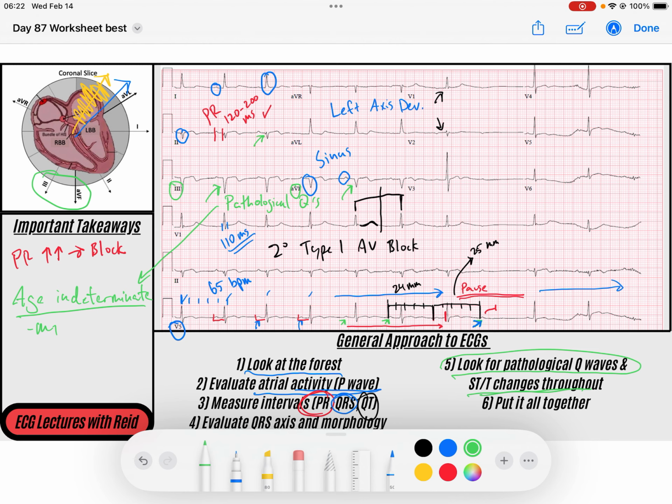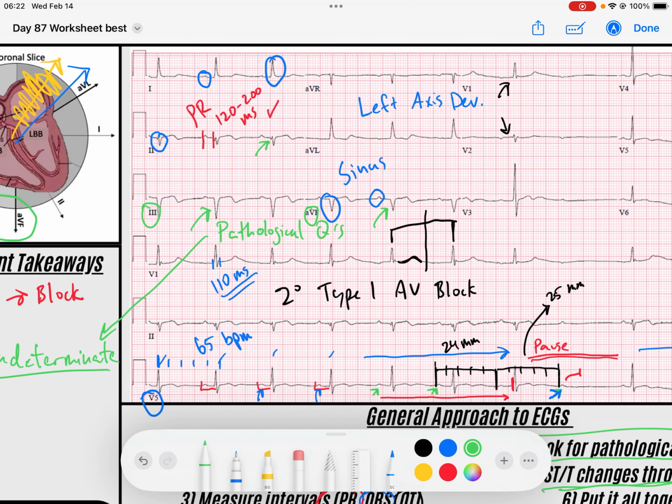But there is one feature that is not associated with the Q wave that kind of tells us when it happened. And you can see we've got these kind of biphasic ST and T wave segments. Really, these T waves are like biphasic inverted. There's a certain predictive pattern of ST and T wave changes that occur as an MI progresses.